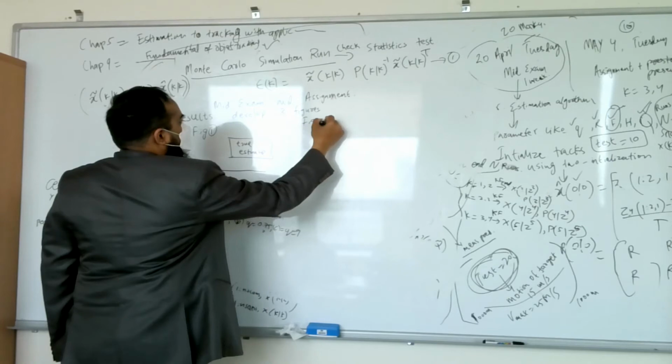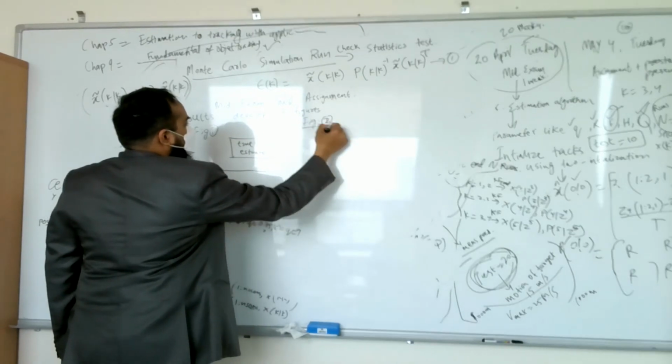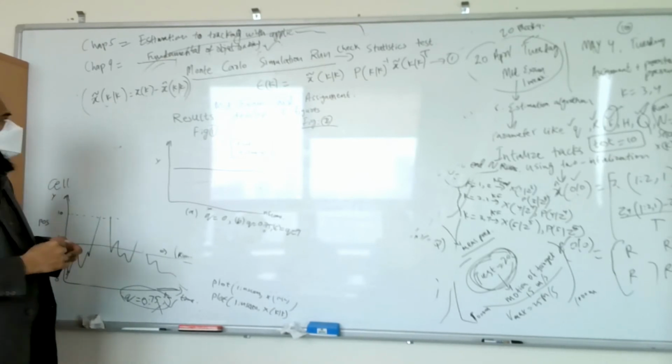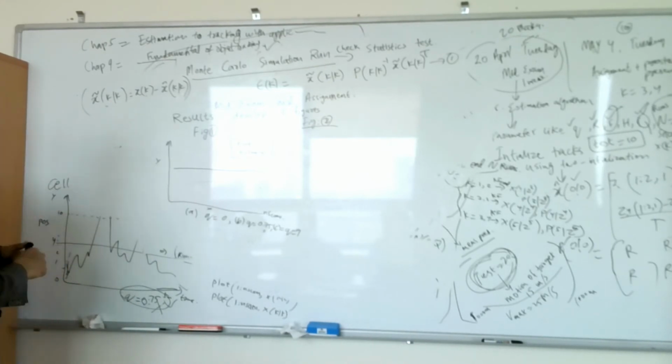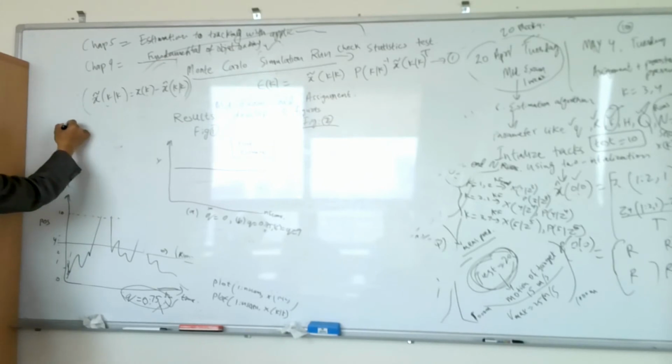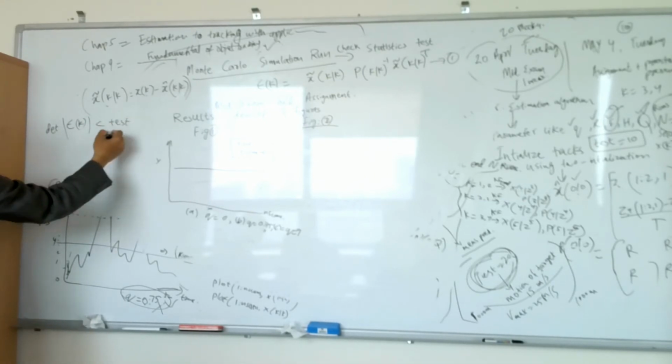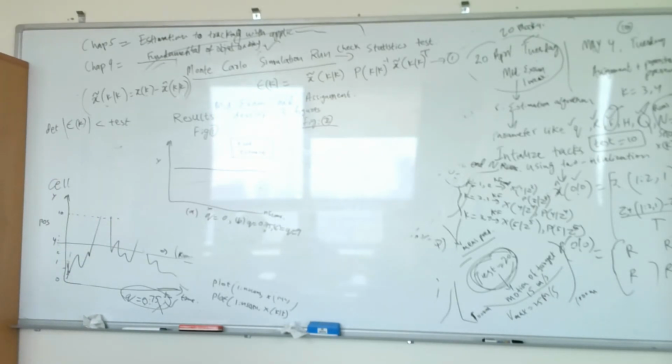And figure 2: if this test is less than the test, then count 1, 2, 3, how many times it is correct.